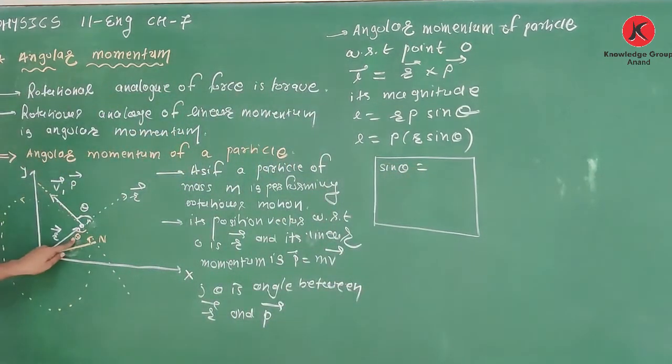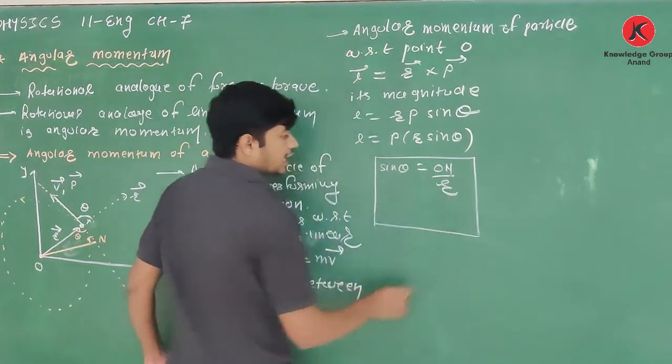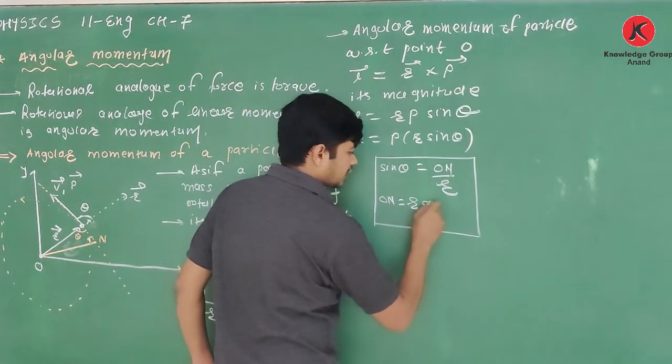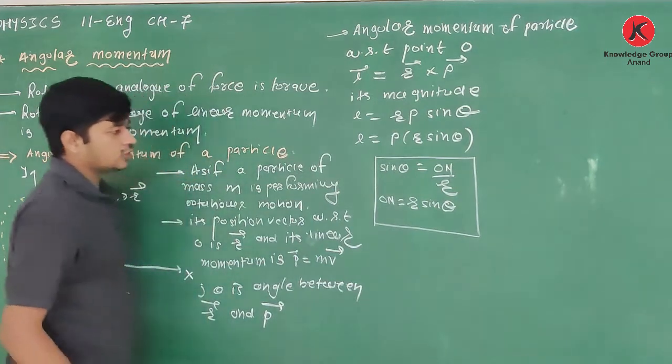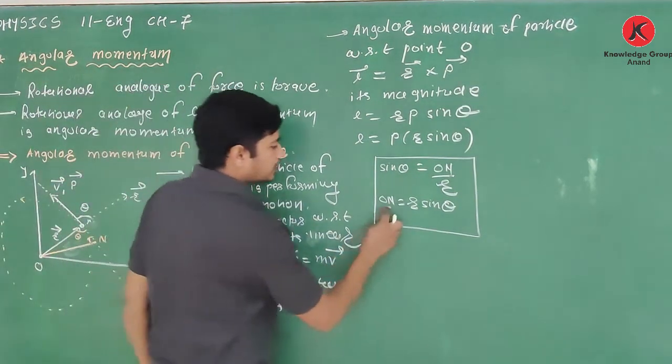Sin theta is equal to the opposite side ON upon the hypotenuse R. So ON is equal to R sin theta.